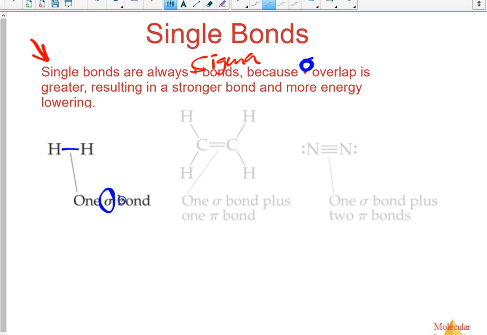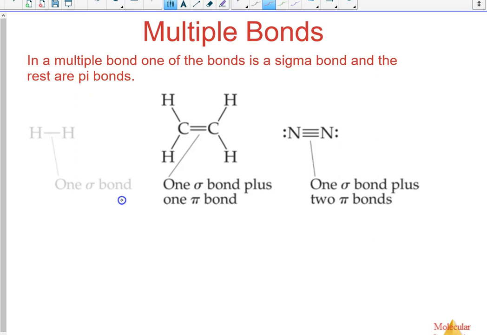Sorry. All right, now, a double bond, or in a multiple bond, one of the two, or three, is a sigma bond, and the rest are pi bonds. So, since you have two bonds here now, you have one sigma, one pi.